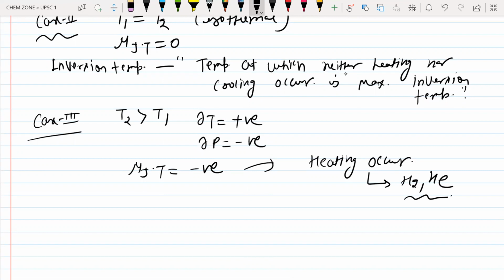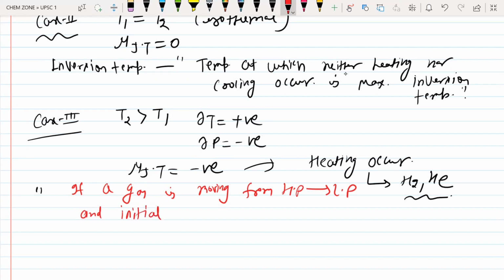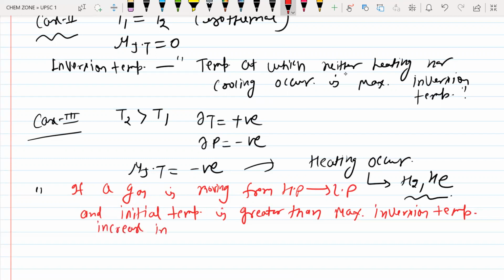See, this is an important point. If a gas is moving from a high pressure region to a low pressure region and its initial temperature is greater than the maximum inversion temperature, an increase in temperature occurs.